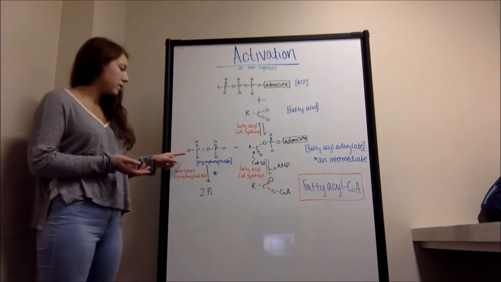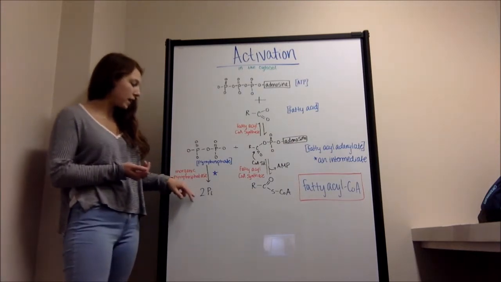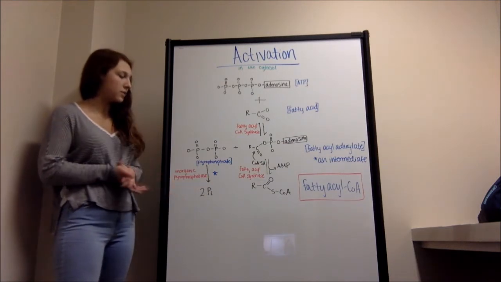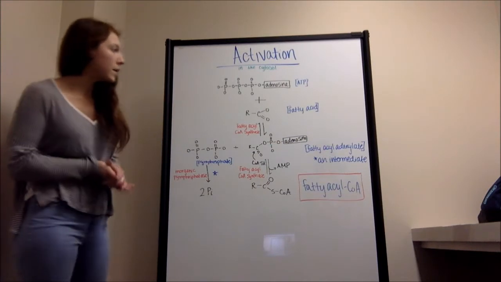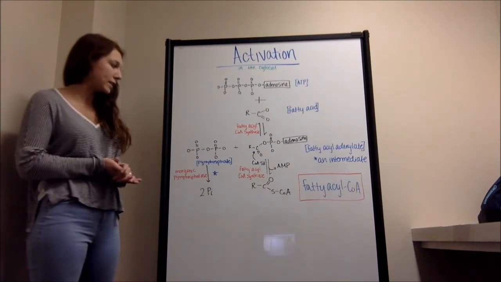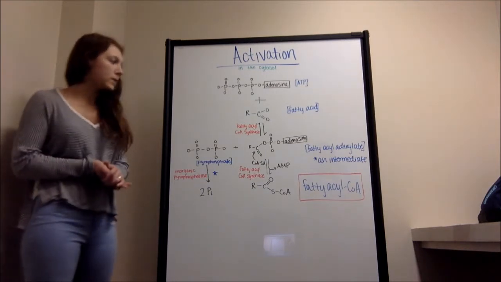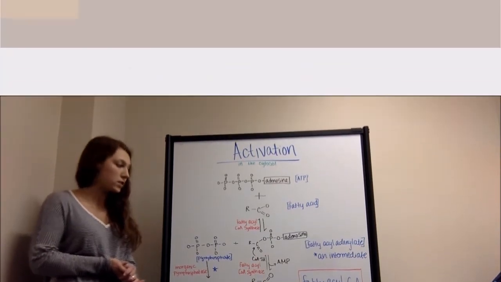The pyrophosphate then undergoes hydrolysis and becomes 2 inorganic phosphates. This hydrolysis drives the rest of the step. The fatty acyladenylate then reacts with coenzyme A, releasing 1 AMP. This produces fatty acyl-CoA, and the fatty acyl-CoA can go on to the transportation step.